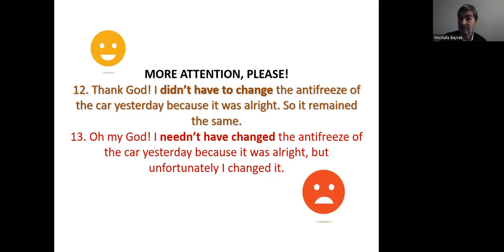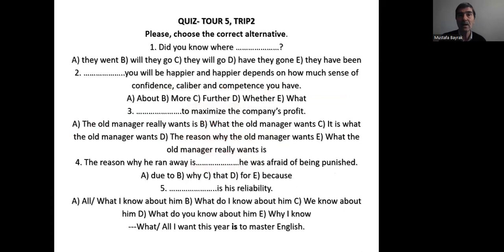Oh my God, I needn't have changed antifreeze of the car yesterday because it was all right, but unfortunately, I changed it. So it was a loss for me. It will be more clear after we have learned the past or perfect forms of modals and modal phrases.